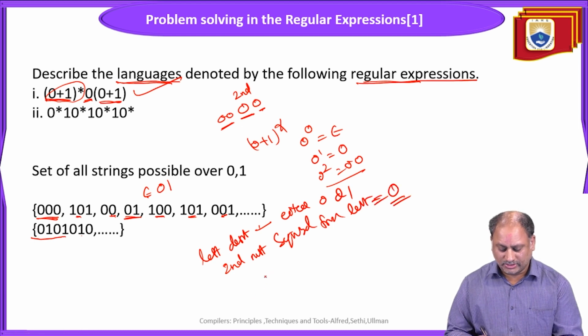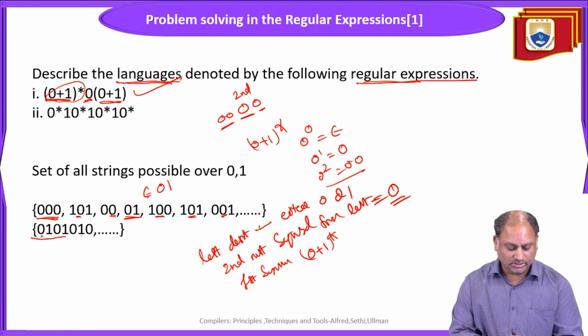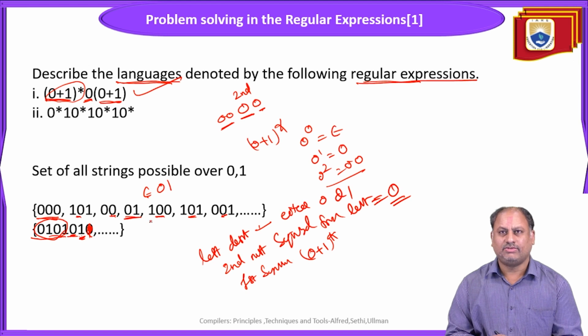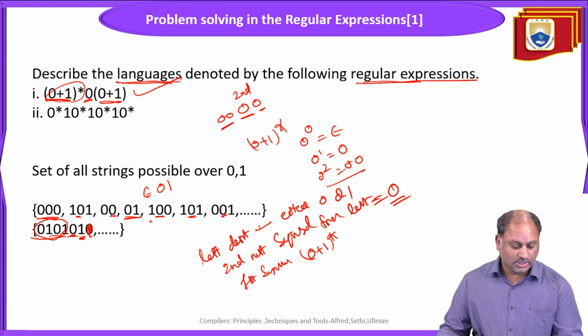And the first symbol is to be represented as 0 or 1 star. So in this way you can get 0 1 0 1 0 1, any number of 0 1s. So the second most digit must be 0, and here either 1. So this is not to be considered. This is second most either 0 or 1, and any number of zeros at 0. Like this we are going to represent a language.